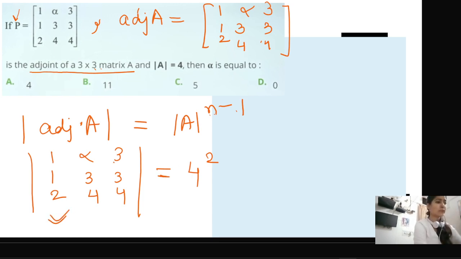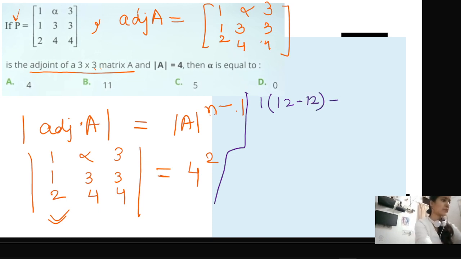Now we can open this one. When we open it, let me write here: 1 times (12 minus 12) minus alpha times (4 minus 6), then plus 3 times (4 minus 6), and that is equal to 16.